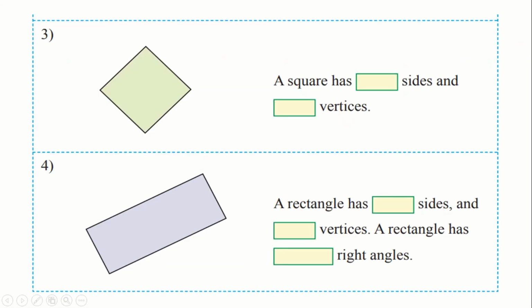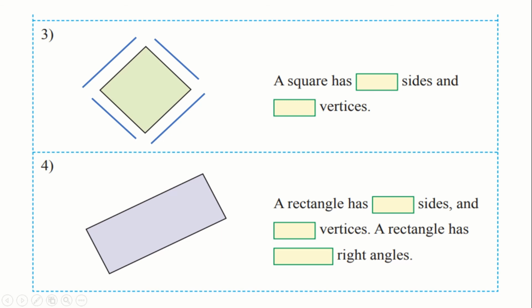Very good. Number 3. What figure is this? A square. A square has blank sides and blank vertices. If you see the sides, these are the sides of the square.